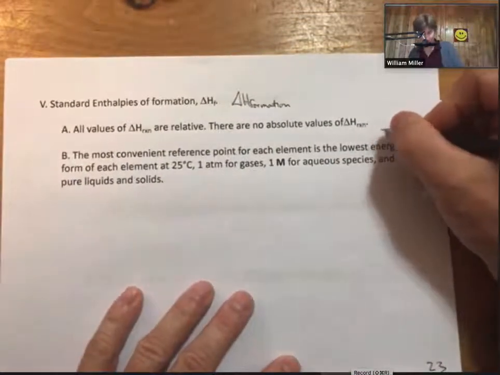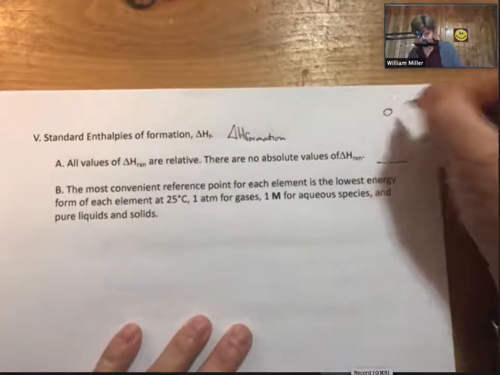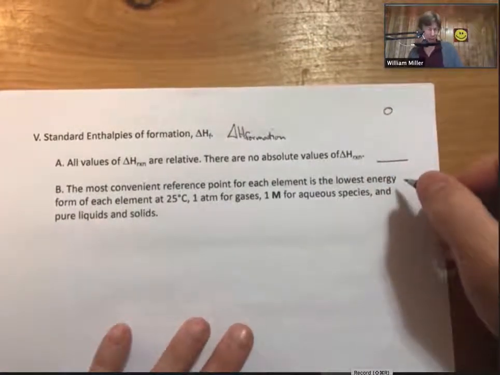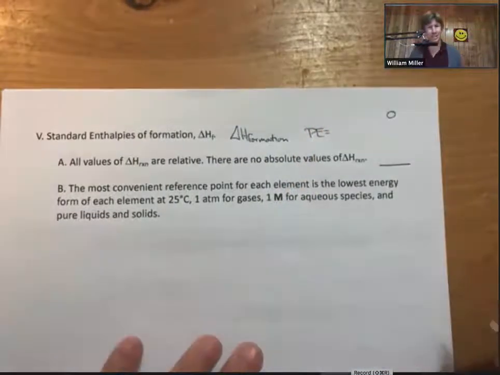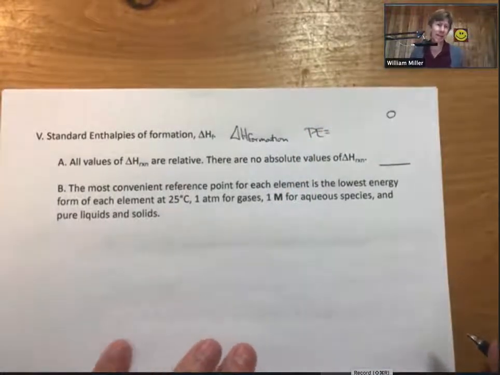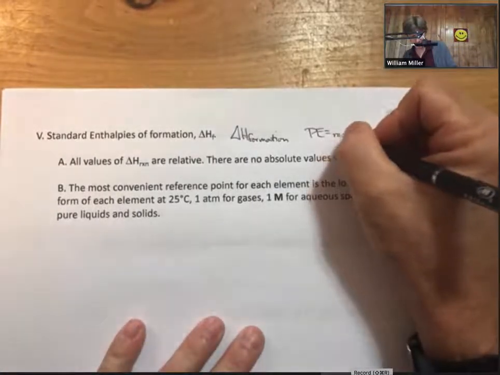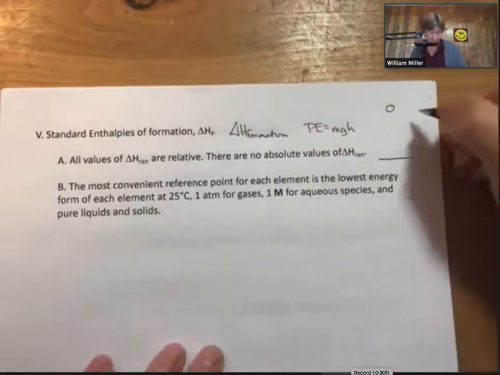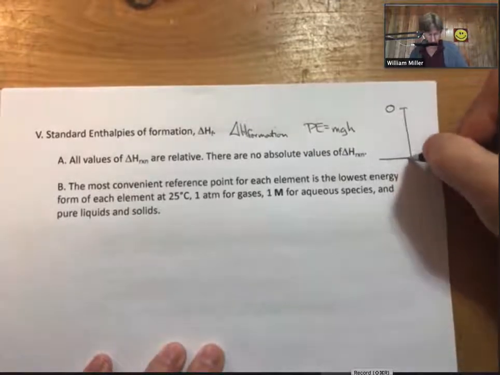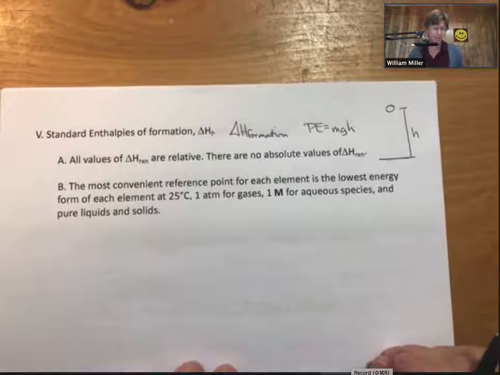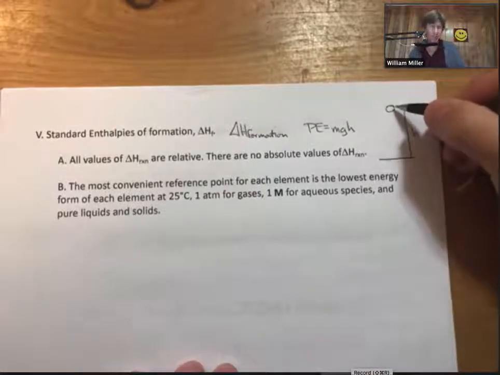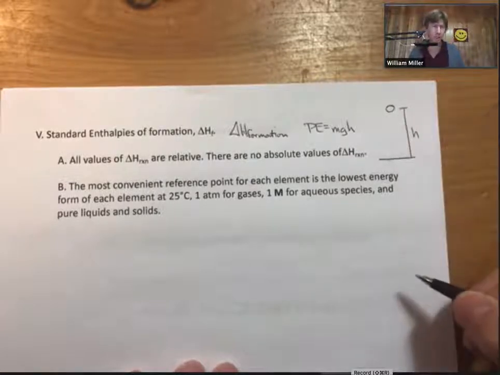If we were to think about a ball above the ground, we've previously said that the potential energy is equal to mass times gravity times height, and where height is this distance. And potential energy of this ball is really the change in potential energy as the ball goes from a specific height to the height we're calling zero.